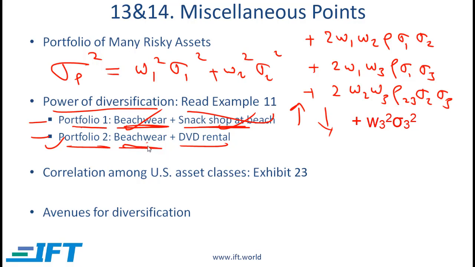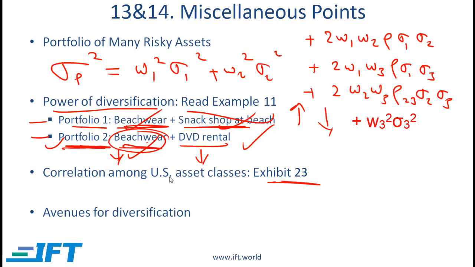But with portfolio 2, you are diversified in the sense that on a sunny day, a good beach day, this will do well and this will do badly. On a rainy day, this company, the DVD rental company, will do well and this will not do so well. The good and the bad over here cancel each other out a whole lot better. So this clearly is a more diversified portfolio. The diversification benefit is higher.